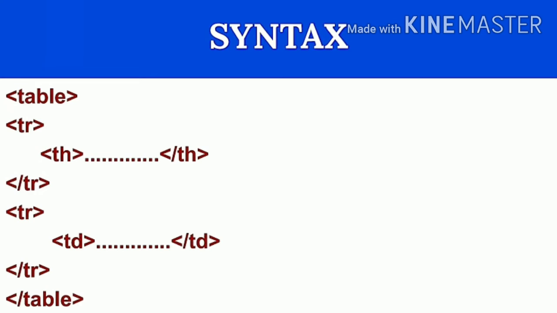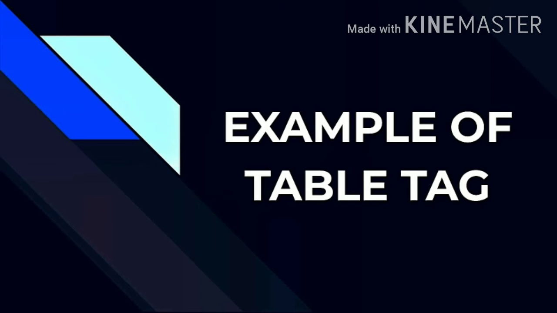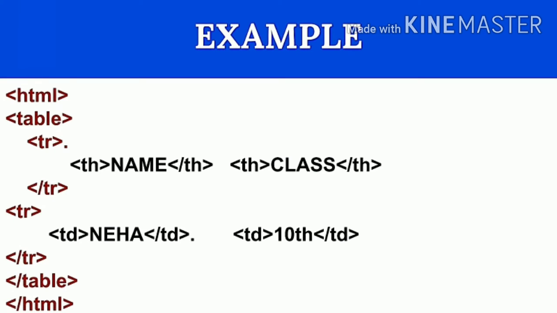Further, we see a proper example of the table tag in the HTML language. You can see that I use the html pair tag and further I use the table pair tag.